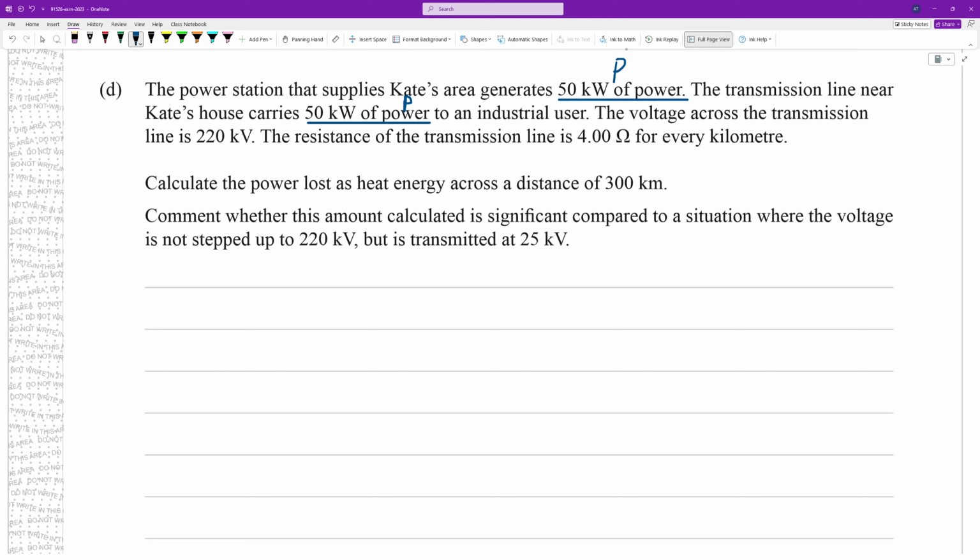The voltage across the transmission line is 220 kilovolts, so 220,000 volts, and the resistance of the line is 4 ohms for every kilometer. Calculate the power lost as heat energy across a distance of 300 kilometers.